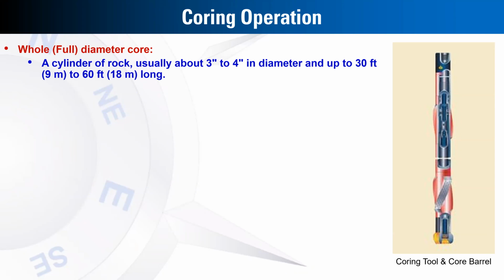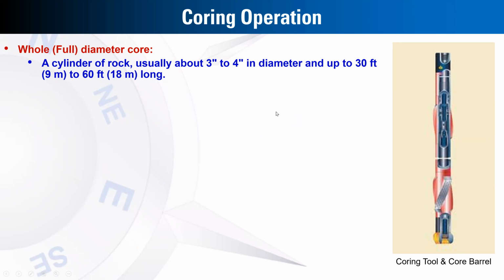It's a cylindrical rock sample of the reservoir based on the hole size. And we have a certain coring string like this with a specific core barrel designed for cutting this core based on the rock types and lithology.